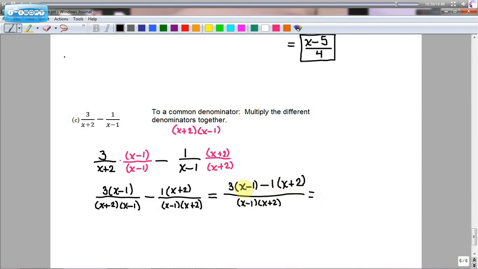Now in the top we need to make sure that we distribute. In the first term we're distributing the 3, and then we'll have to distribute that negative 1. So we end up with 3x minus 3 minus x minus 2 all divided by our common denominator.